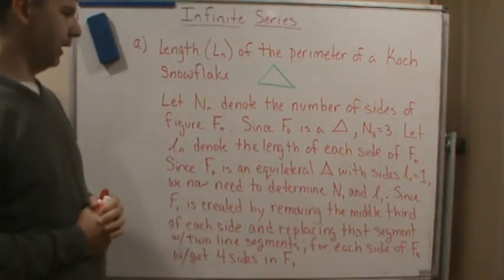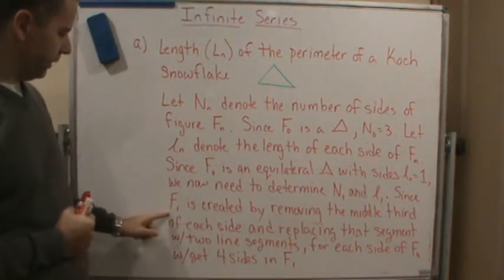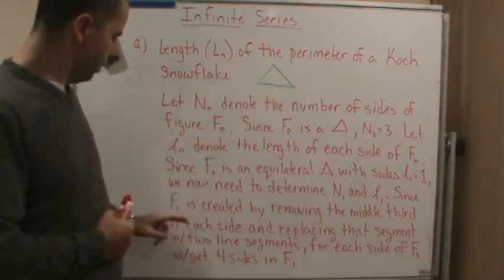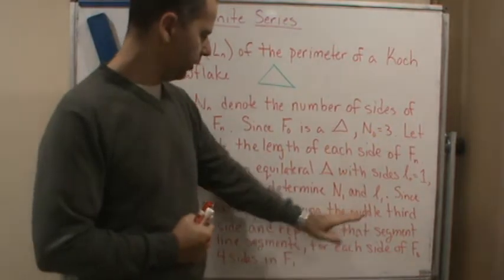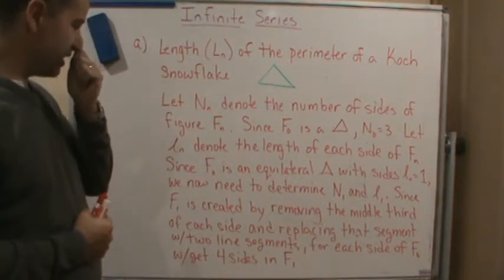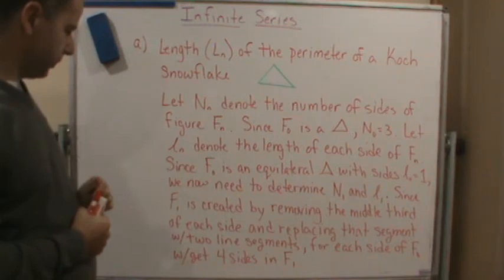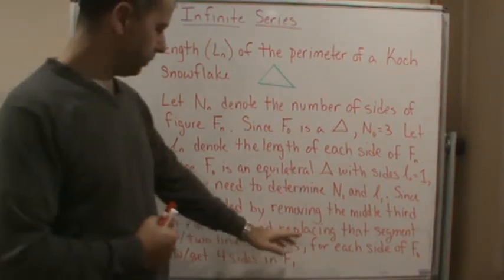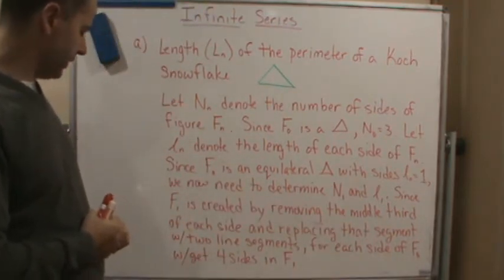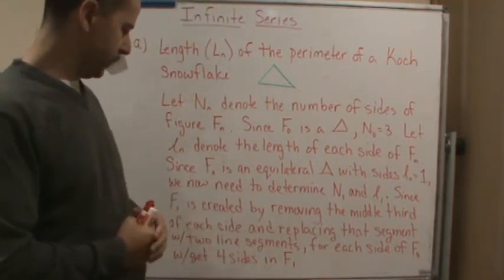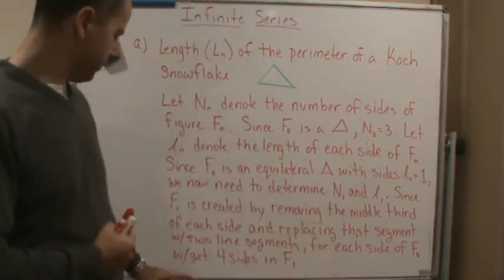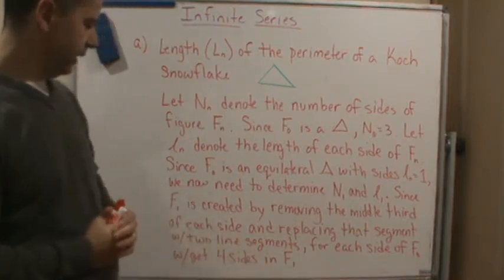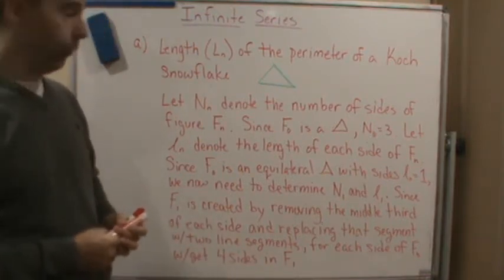L1. Okay, now, let's say this is F0. Since F1 is created by removing the middle third of each side, right? So you're removing each side and then replacing that line segment with 2 line segments. Then that means for each side of F0, we get 4 sides in F1.